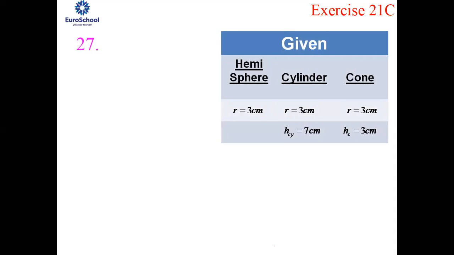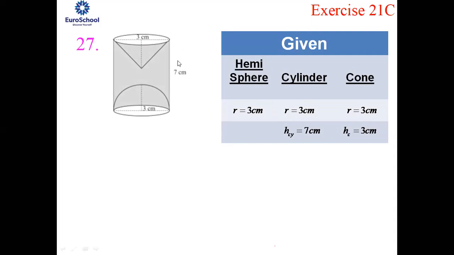And what is being given to us? The height of the solid cylinder is 7 centimeters. The height of the whole solid is given to be 7 centimeters. Now, the radius of each of the hemisphere, cone and cylinder is 3 centimeters.